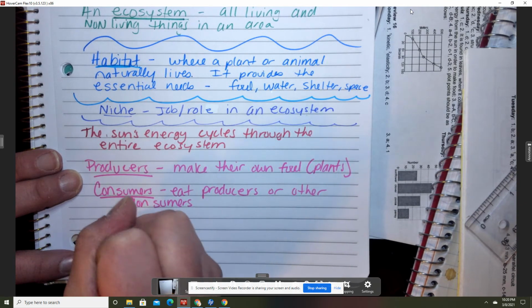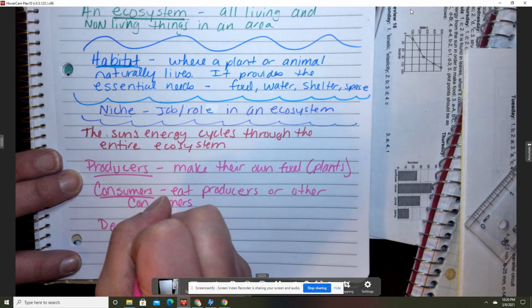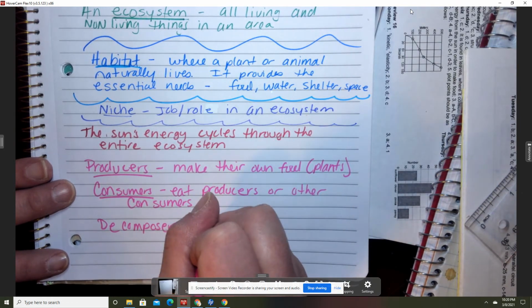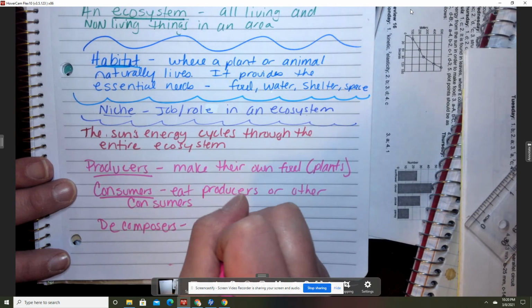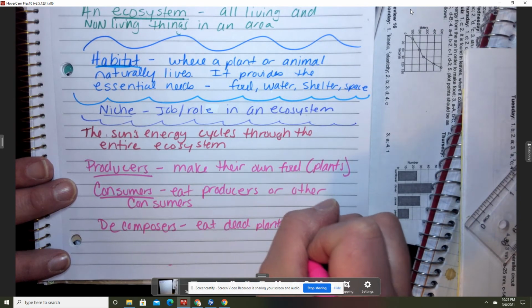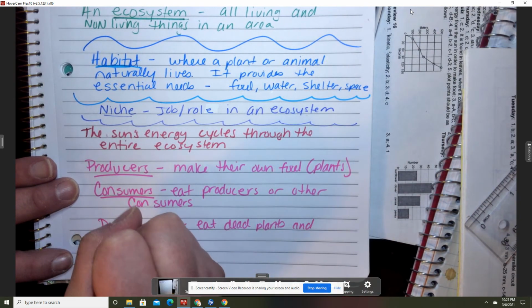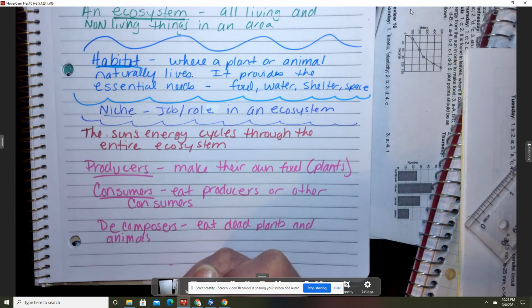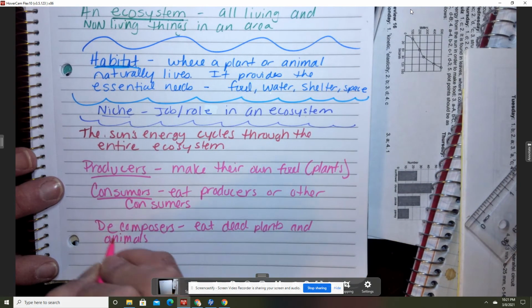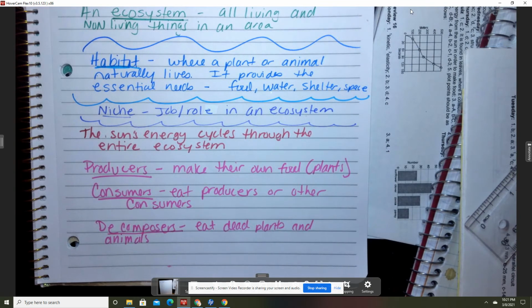Then you've got decomposers. And they eat dead plants and animals, again getting the nutrients from the sun that way. And if you think about it, once the decomposer decomposes something, then that energy goes back into the soil.